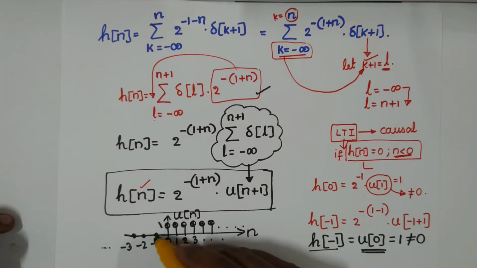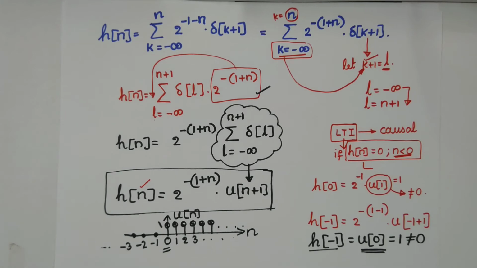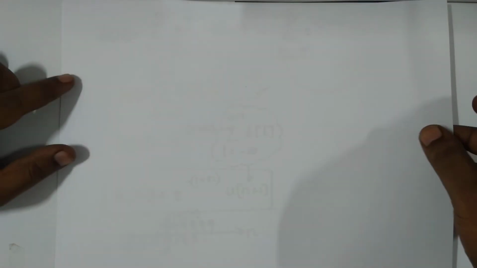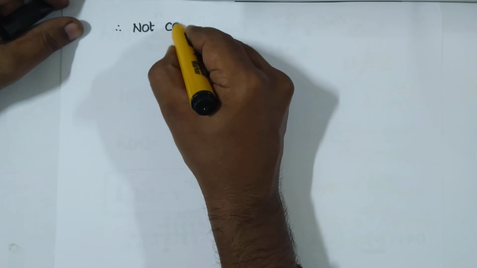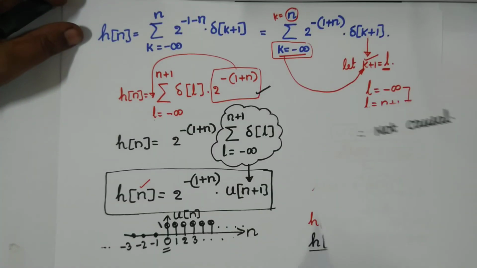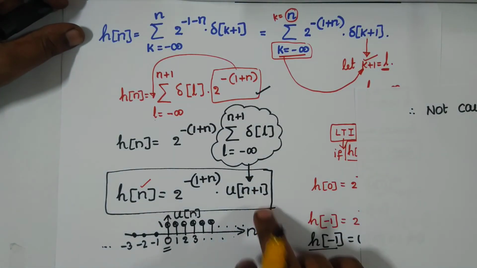We are expecting h of n to be 0 for n less than 0, but we got this one. So therefore the system is non-causal. This is straightforward. Now we will see how we get u of n plus 1 from this.